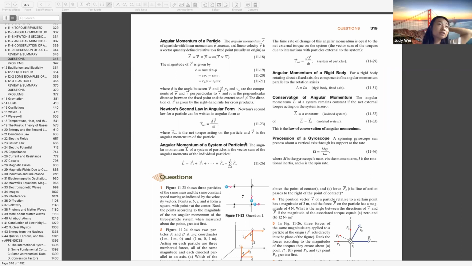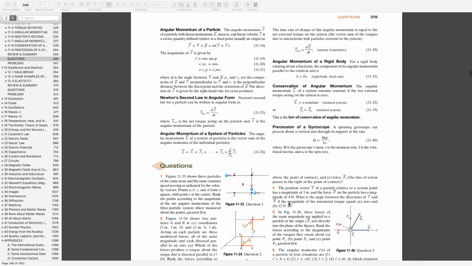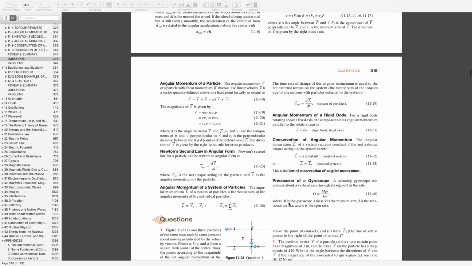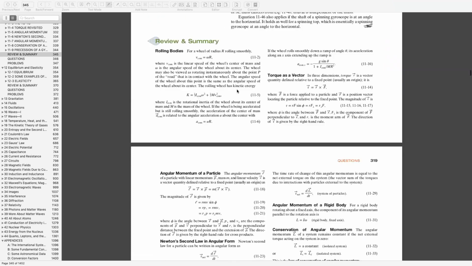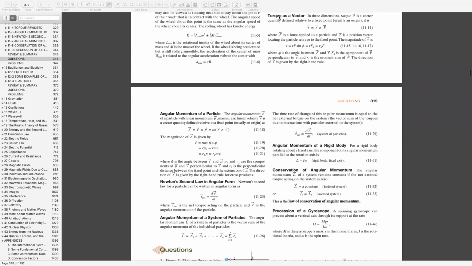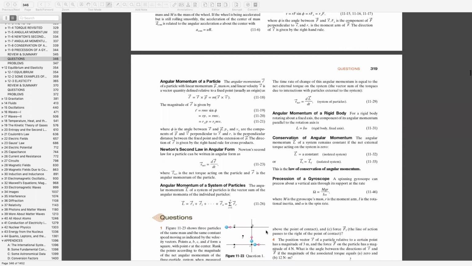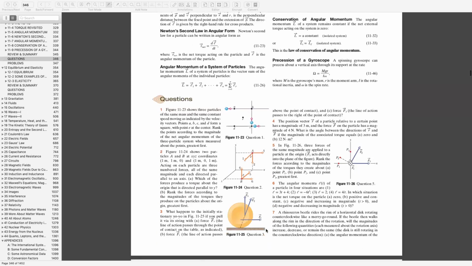So this is chapter 11. In this chapter, we cover kinetic energy, the torque, angular momentum, and the conservation of angular momentum. That's pretty much it.